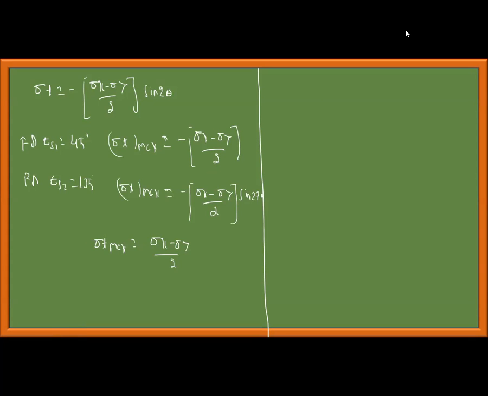Yes, minus 1, right? So sigma t max or sigma t min is given by plus or minus sigma x minus sigma y by 2.